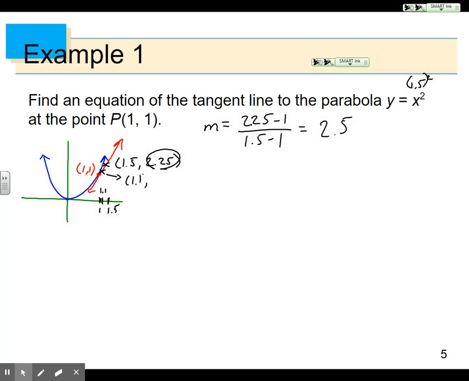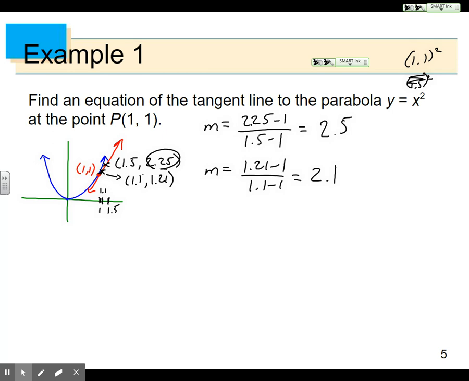And if I plug in 1.1 right here, that'll give me the point (1.1, 1.21). So let's find the slope if I was to slide this x even closer to this point. I did that math and I got 2.1.